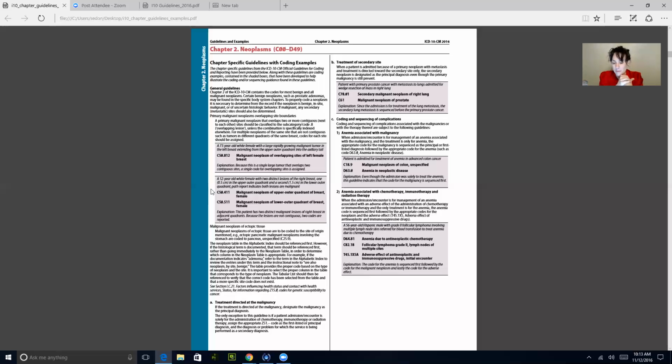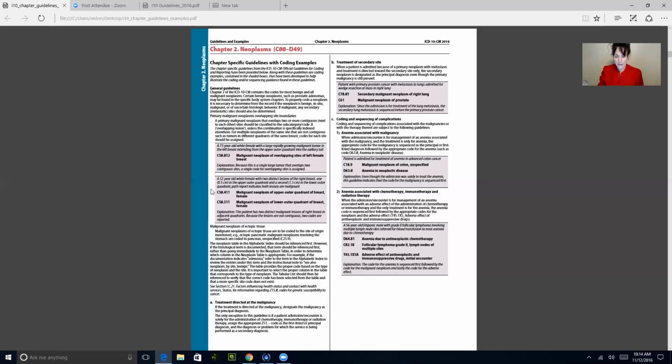So here in our example, we see a patient is admitted for treatment of anemia due to advanced colon cancer. Our colon cancer code, our neoplasm code, is coded first, C18.9. And our anemia in neoplastic disease is coded second. So even though the admission was solely for the treatment of anemia, this guideline indicates that the malignancy is sequenced first. So you can see that's different than our administration of chemotherapy guideline that we covered.